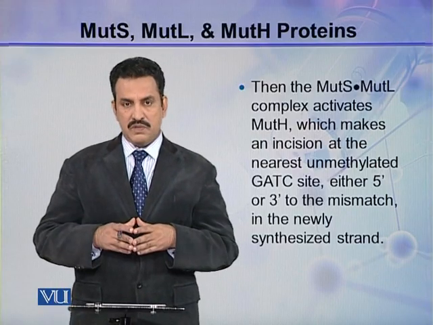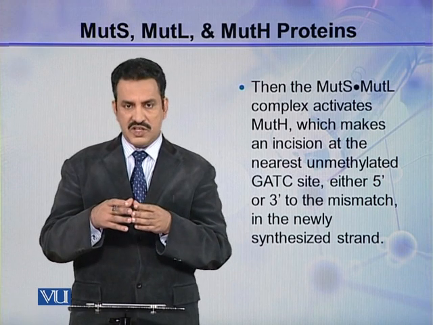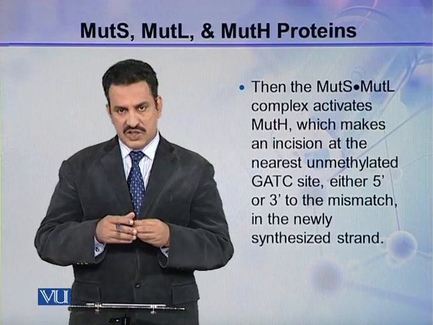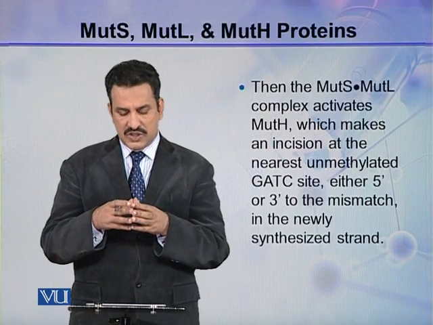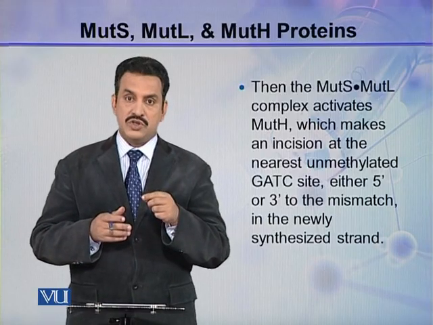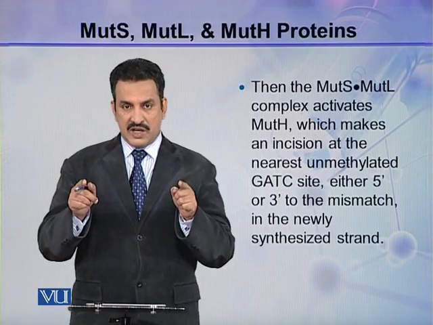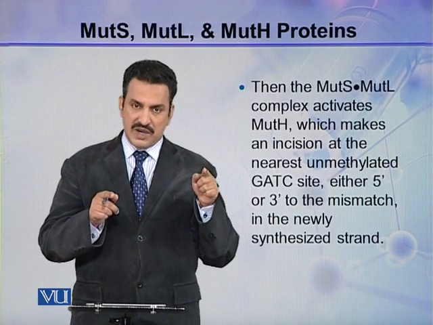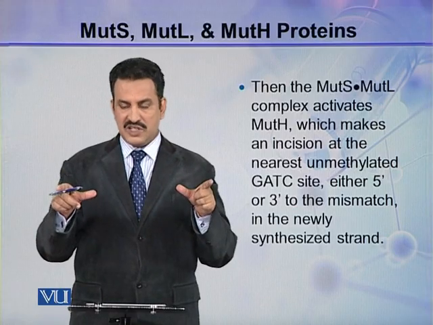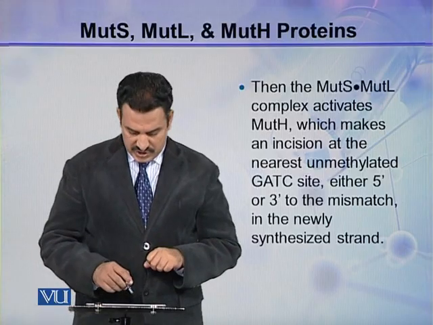So in the first step, MutS is attached, then MutL is attached, and when this complex is formed, this complex activates MutH to introduce nicks either on the 3' side or 5' side.